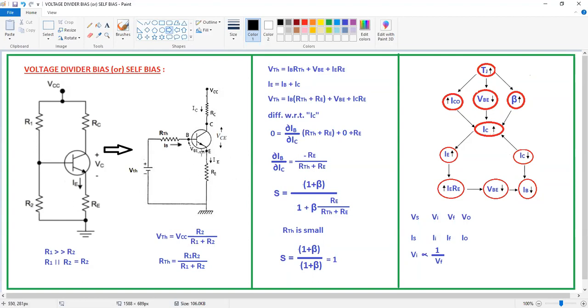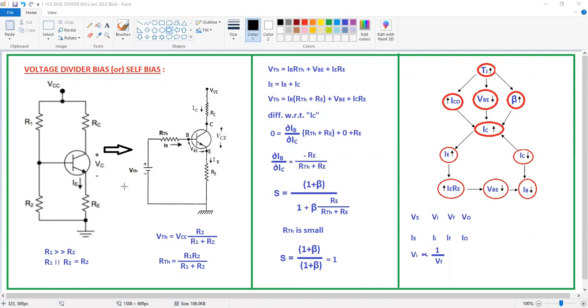Now I'm going to apply KVL at this input circuit. Here there is a voltage rise, and across RTH there is a voltage drop, across the transistor also a voltage drop, and across the emitter resistor also a voltage drop. According to the KVL statement, the algebraic sum of the voltage rises is equal to the algebraic sum of the voltage drops.